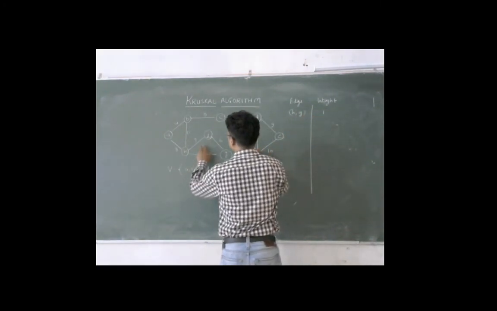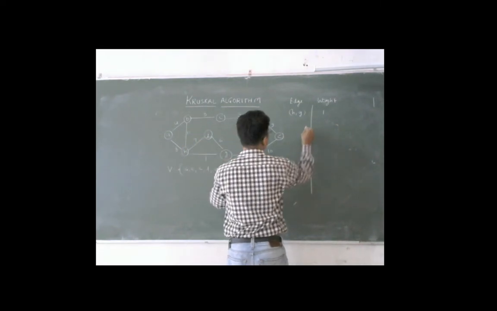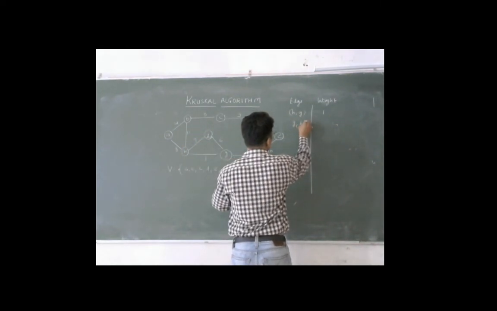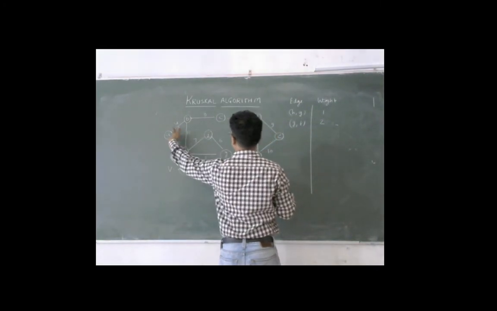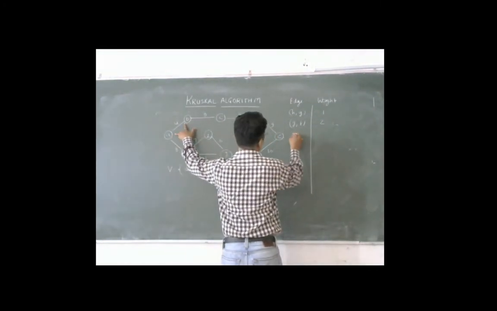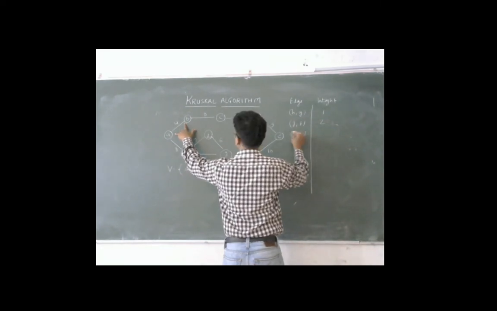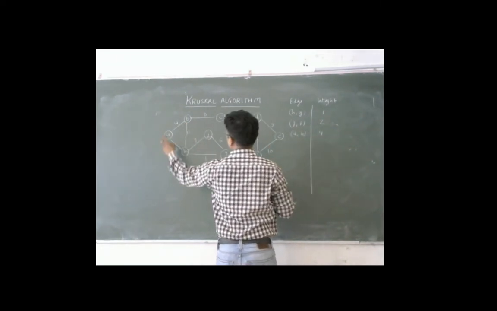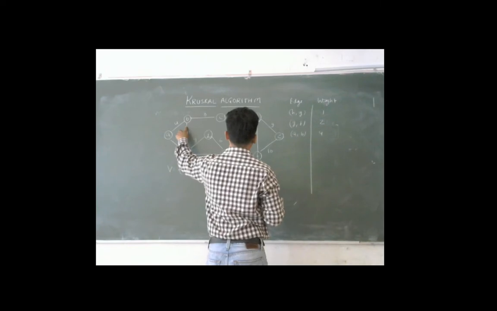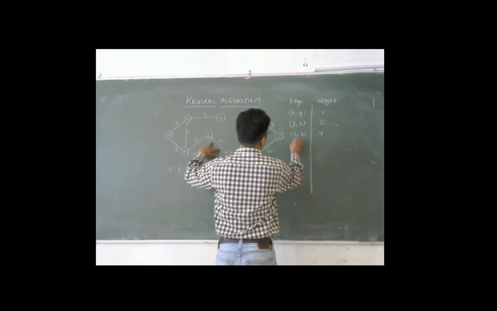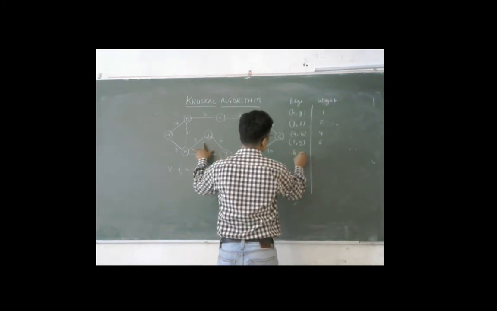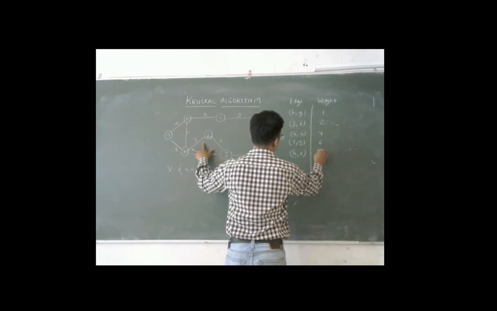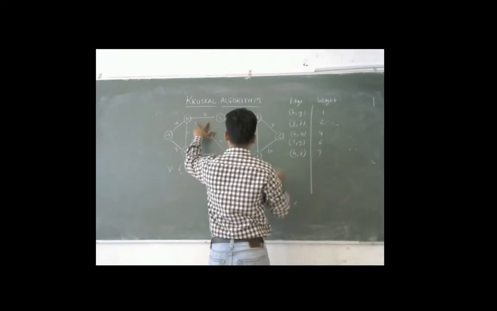The next edge is GF, which is 2. The next one is AB, AB equals 4. After this, the next one is IG, IG equals 6. HI equals 7. Then EC.